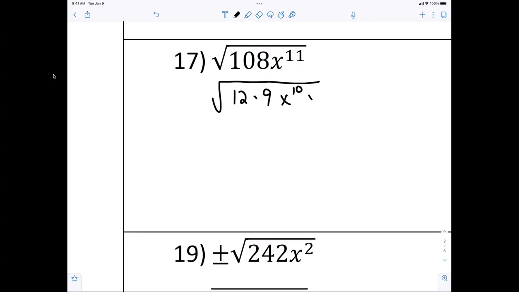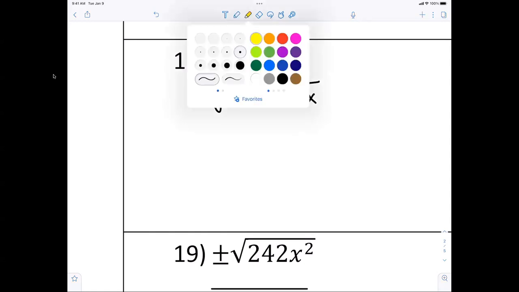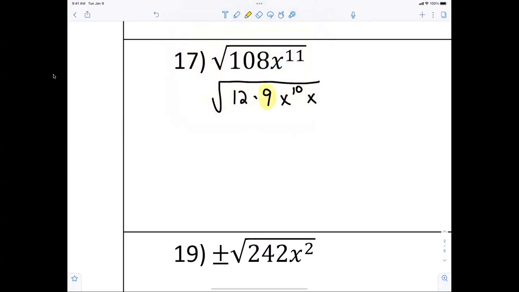And then? Yes. Okay, so now which ones are perfect squares? 12 is not a perfect square. And what else? Right, so what does that become? 3x to the what?